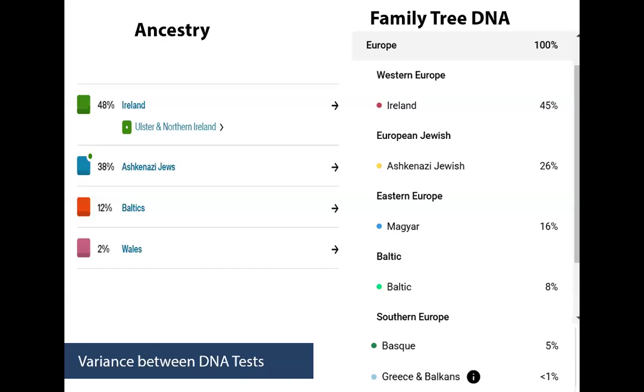So it's splitting that out more for this company. My Baltics are 8%, and it then even refers to Basque, Greece and Balkans for the remaining percentage. So you can see the numbers are not going to be 100% the same, and sometimes they introduce different regions.